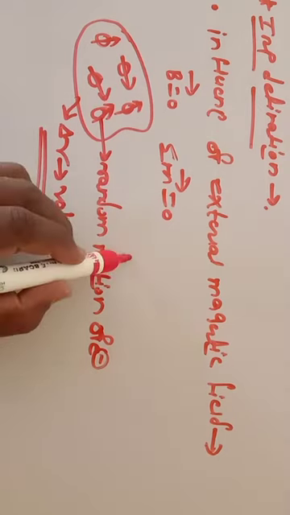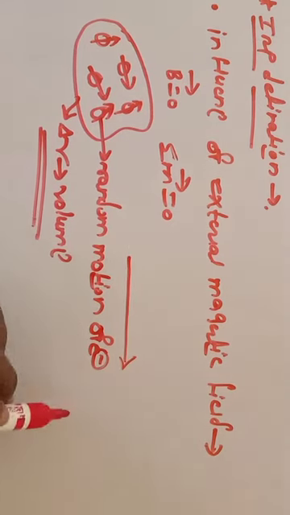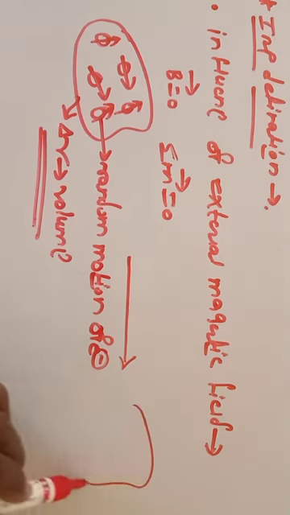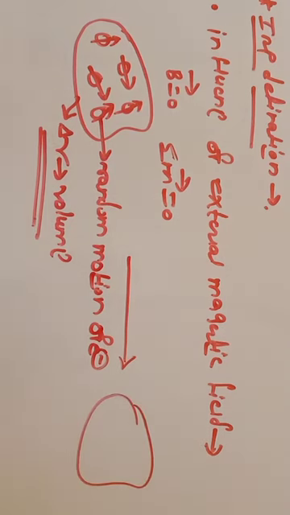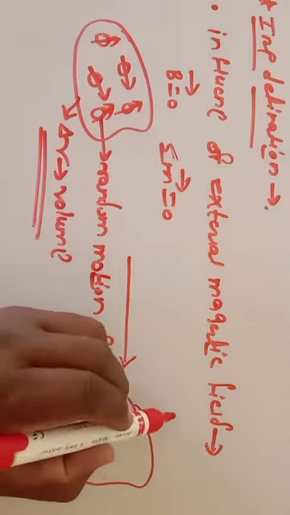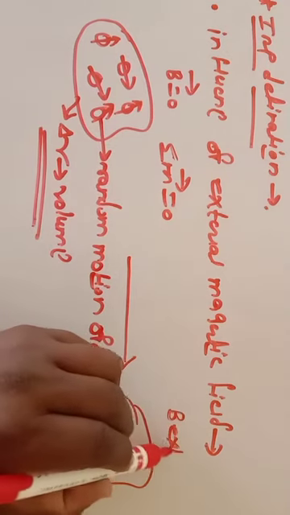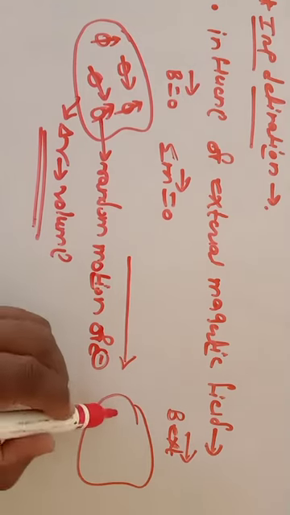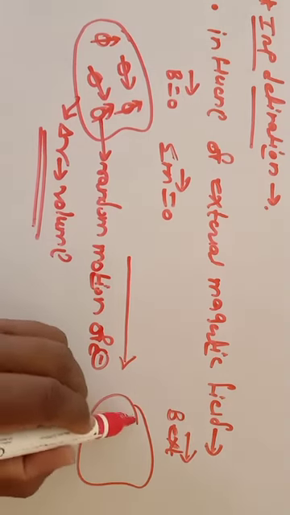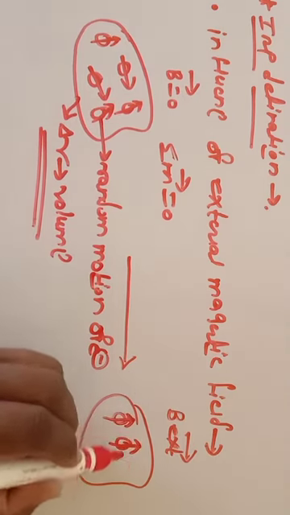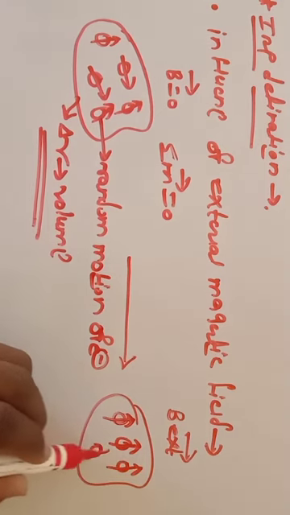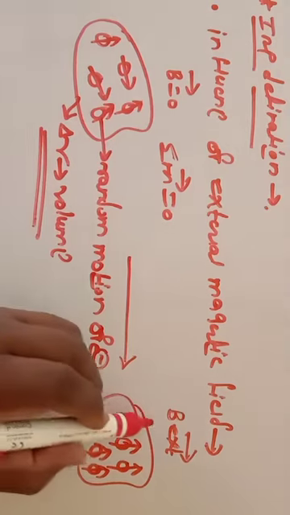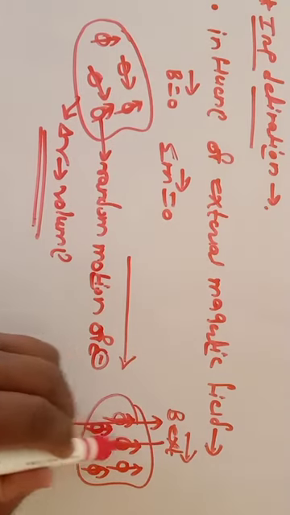But what happens when we apply an external magnetic field, B external? Here we can write the direction of the external magnetic field.